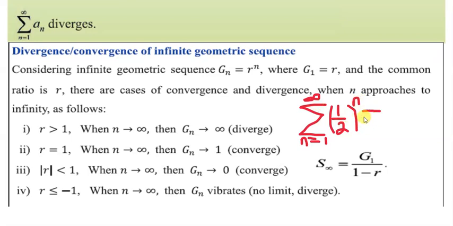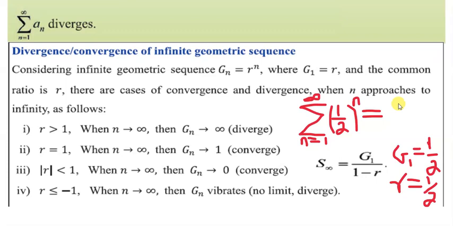When our n is 1, we get G1 as 1 over 2 to the power of 1, and therefore our G1 is equal to 1 over 2, and again our common ratio is 1 over 2 also. So the common ratio r is also 1 over 2.